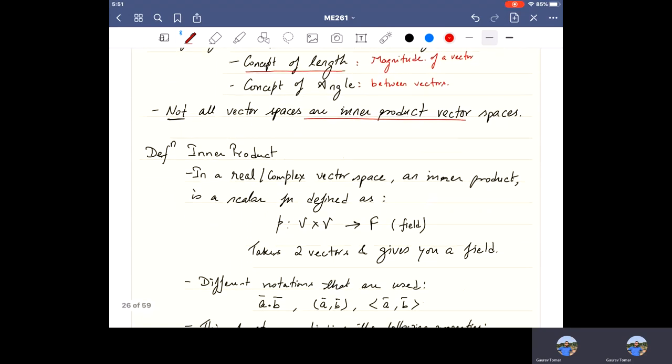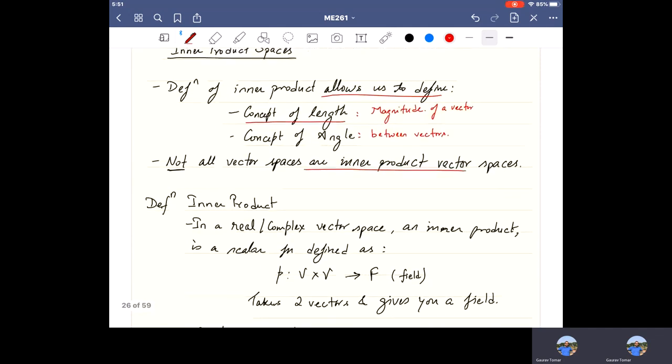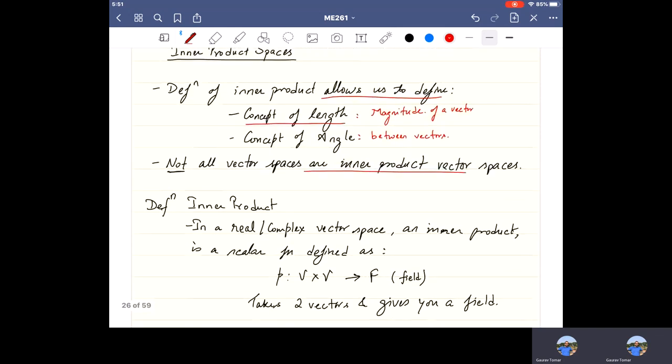Now, this is the definition of what is an inner product. We'll just go through it one by one. The properties required for defining an inner product. So in a real or a complex vector space, an inner product is a scalar function, a function which takes one vector, another vector, and does something to them.